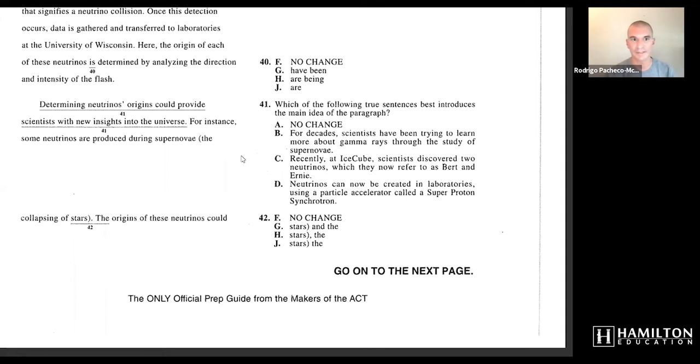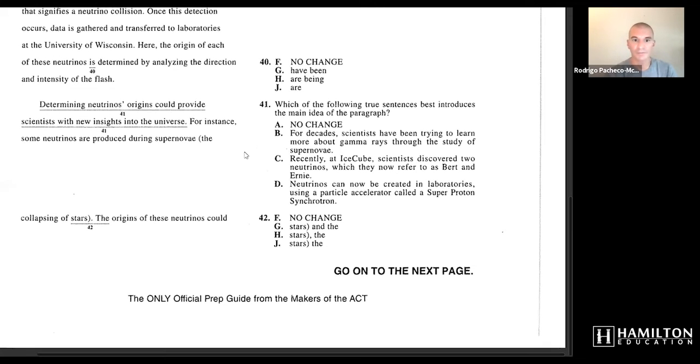So for instance, now this is important because we know that this sentence is going to provide an example of the claim made by the previous sentence, which would be our topic sentence. So for instance, some neutrinos are produced during supernovae, the collapsing of stars.